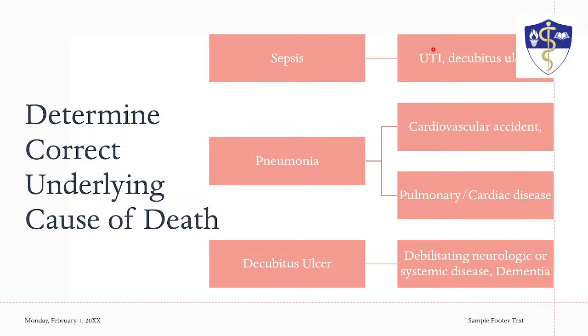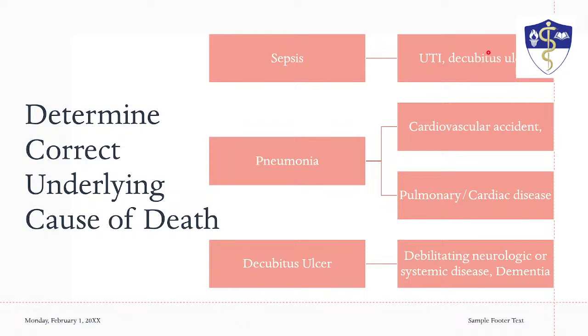You can find that a lot of elderly have this, especially if the deceased was obese or suffering from a debilitating disease like a stroke. So they usually have decubitus ulcers. To find this, you really have to rotate the patient. Look at the cadaver, the body, to find these ulcers.